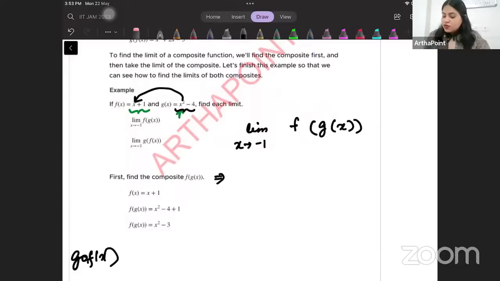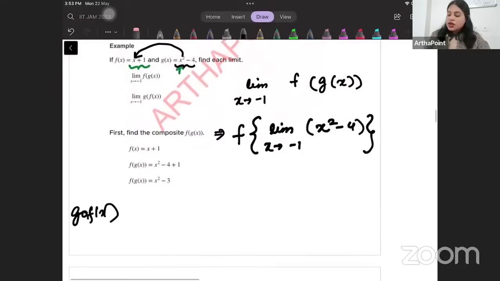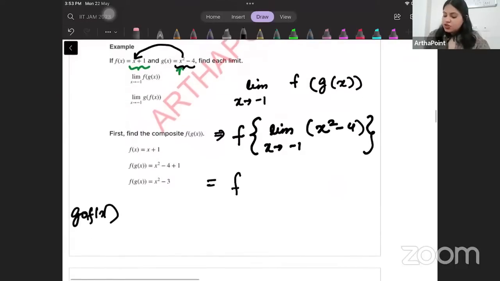So I'm saying instead of doing this, you keep the function as it is and you put limit x tends to -1 x square minus 4. I'm saying this is equal to, you keep the function as it is and first put the limit. So -1 whole square minus 4.